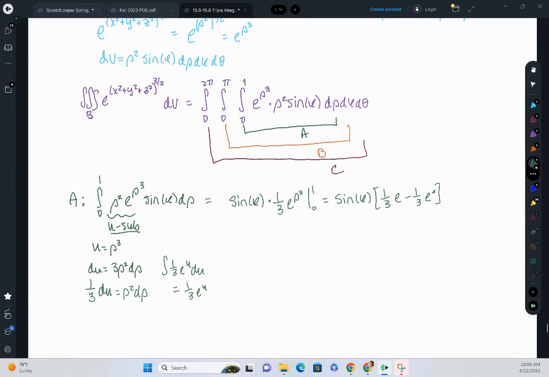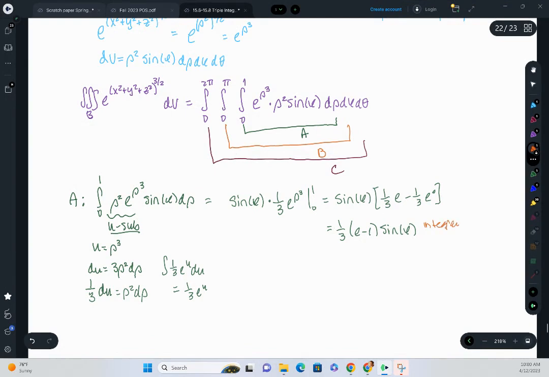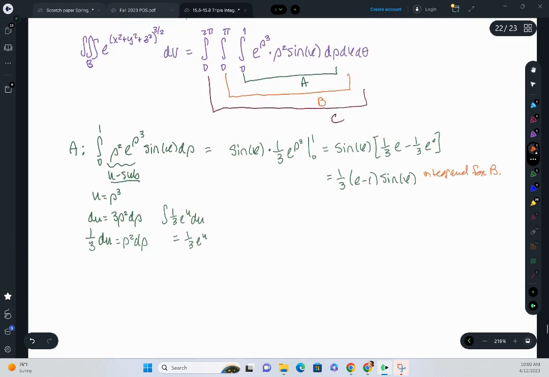Well, that's just 1/3 e minus 1/3. Or I could rewrite that as equals 1/3 times e minus 1 times sine of phi. And then that is my integrand for b.